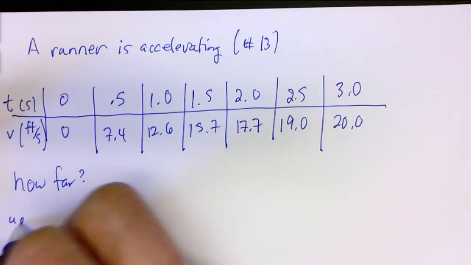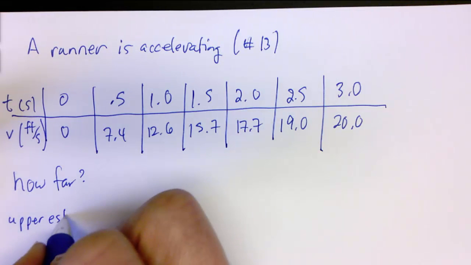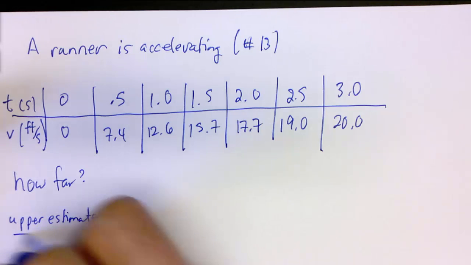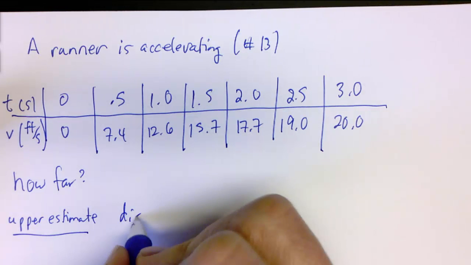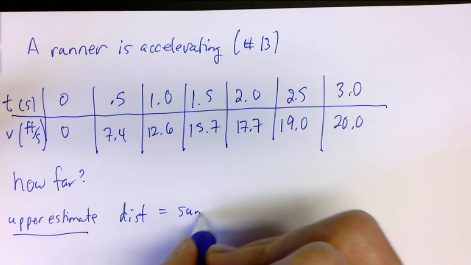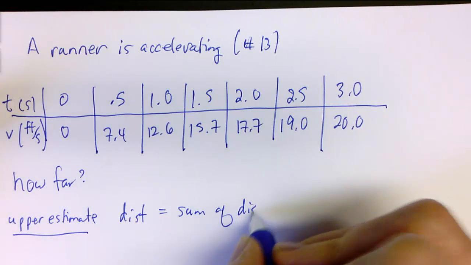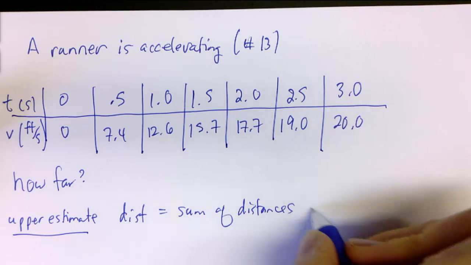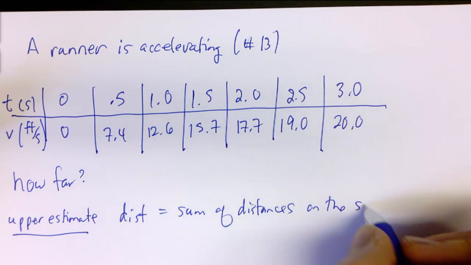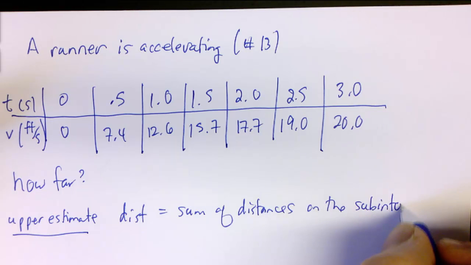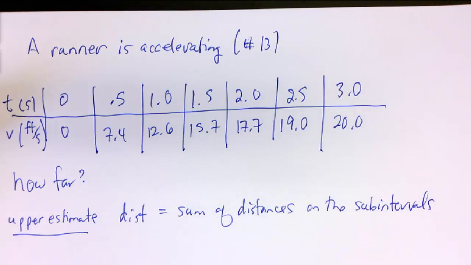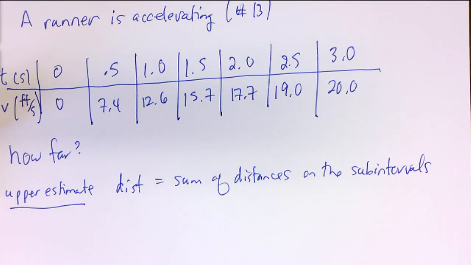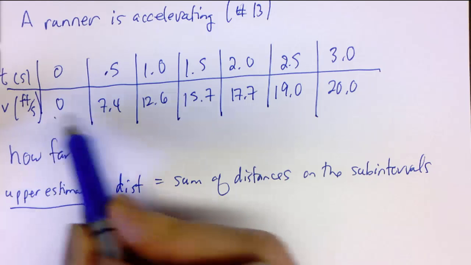Well, for the upper estimate, what I'm going to do is look at each subinterval. So the distance is going to be the sum of the distances on the subintervals. And how do I find distance? Well, distance is rate times time. So I'm going to look at this first subinterval.